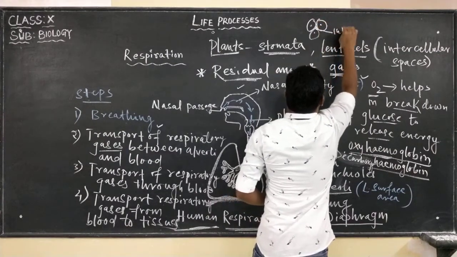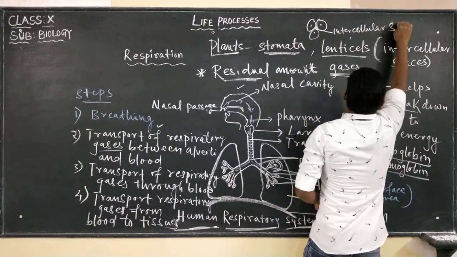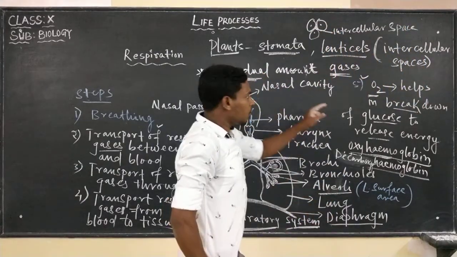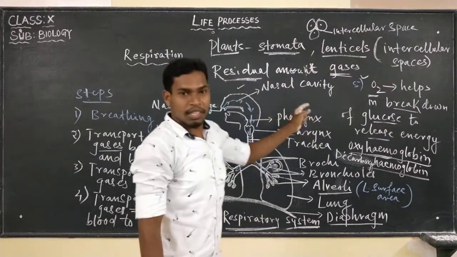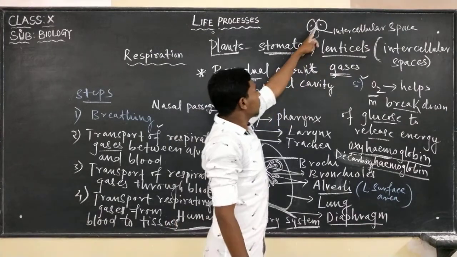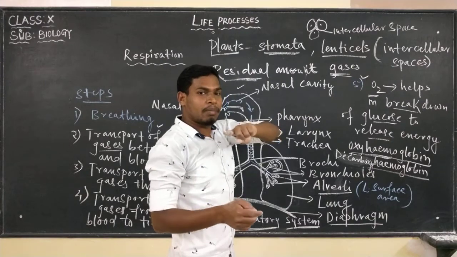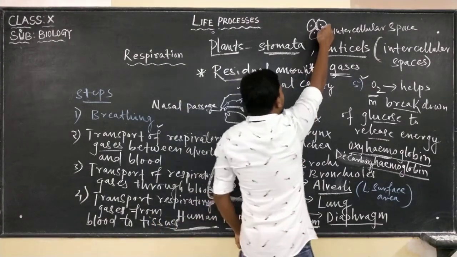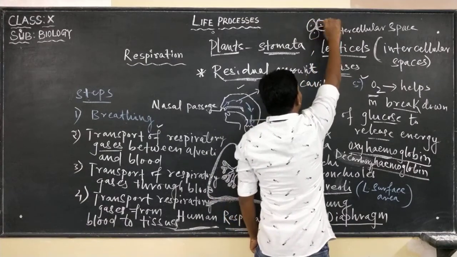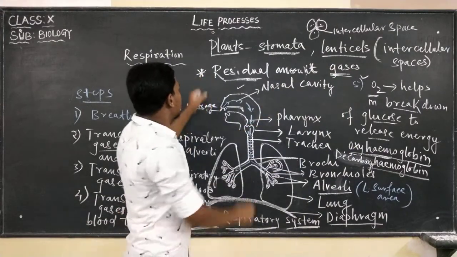This intercellular space ensures that all the cells get a sufficient amount of oxygen. Oxygen is required by the cells for cellular respiration. After cellular respiration, the byproduct is what? Carbon dioxide. So carbon dioxide gets diffused into the intercellular space and oxygen gets diffused into the cells. Okay, this is how respiration takes place in plants.